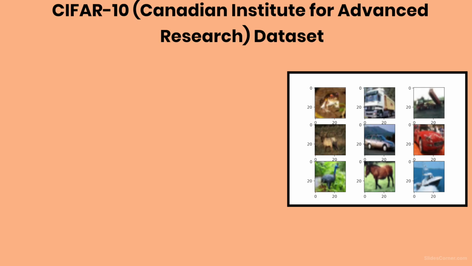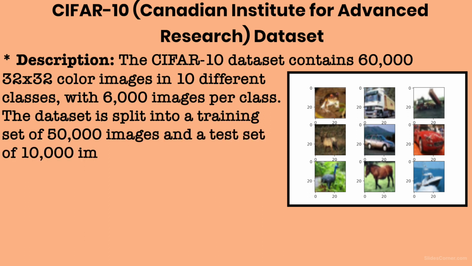CIFAR-10, that is Canadian Institute for Advanced Research dataset. The dataset contains 60,000 32 by 32 color images in 10 different classes with 6,000 images per class. The dataset is split into a training set of 50,000 images and a test set of 10,000 images.